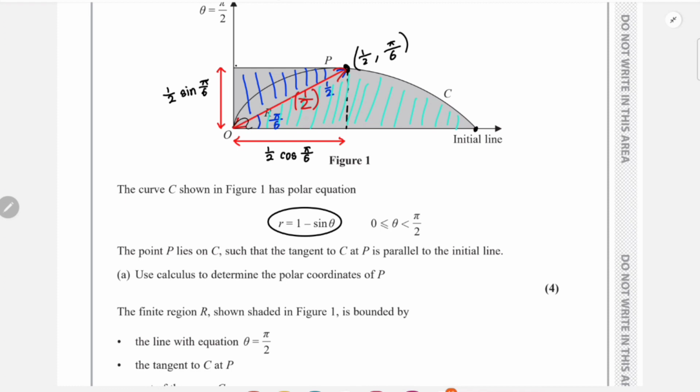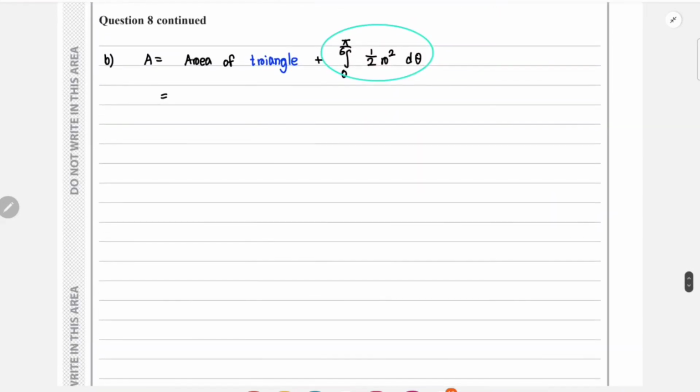So in the y value of the triangle, this length over here would be half sine pi by 6, and this would be half cos pi by 6. So the area of the triangle would be half into half sine pi by 6 into half cos pi by 6.